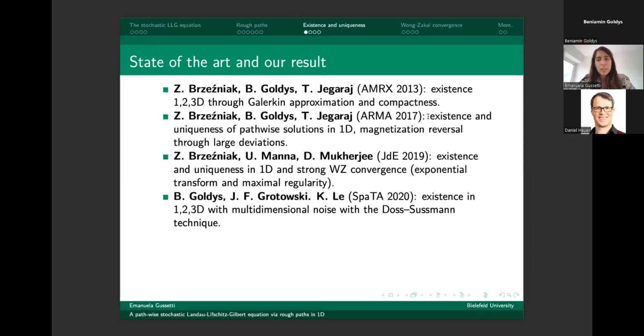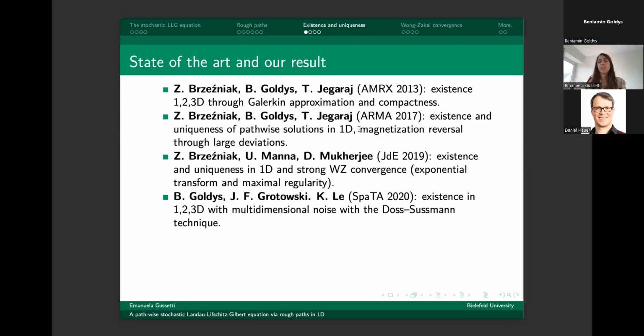There is another paper that is very interesting from a physical perspective, because they prove existence and uniqueness of a pathwise solution in 1 dimension. And the authors also prove the so-called phenomenon of magnetization reversal. So one has a sphere, and there are 2 equilibrium points for the deterministic equation.